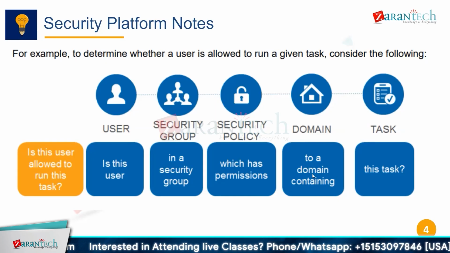What domain or functional area does the task reside in, and what is the task that you're trying to run on behalf of the user, or the user is trying to run?